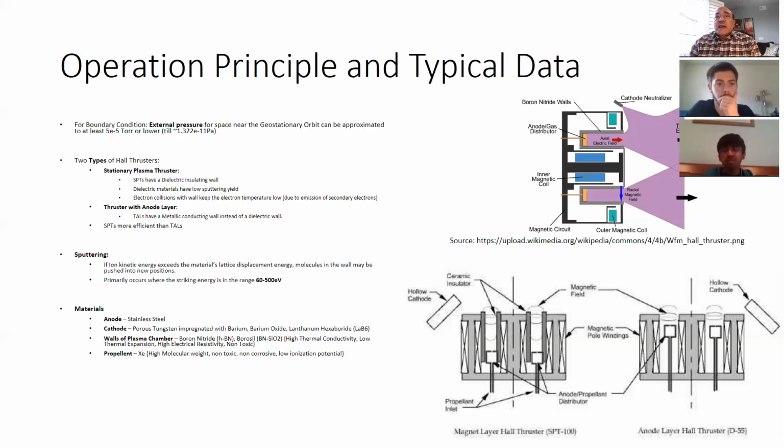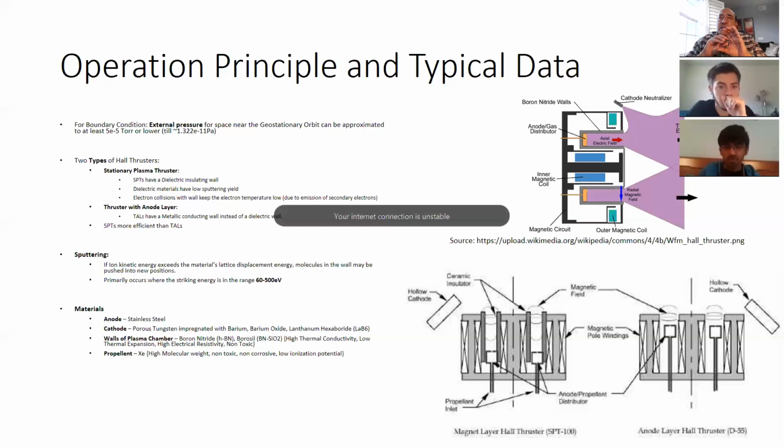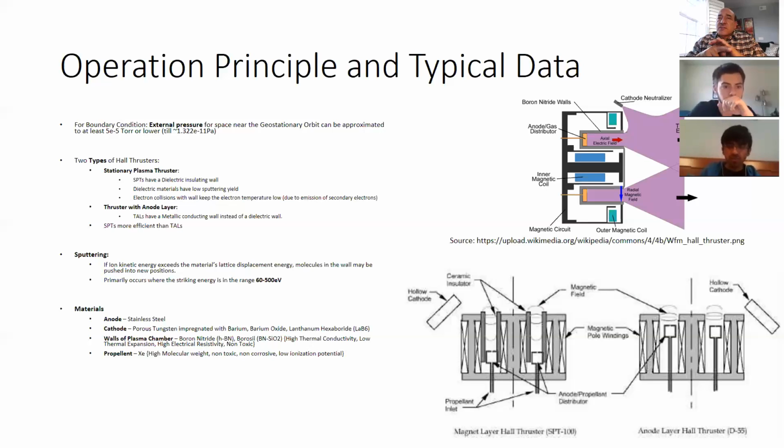My information is that the hollow cathode is like two cylinders inside each other. The inside one has the porous tungsten impregnated with LaB6, but the outside is called a keeper structure, and it has an orifice, so the electrons go through this orifice and neutralize.